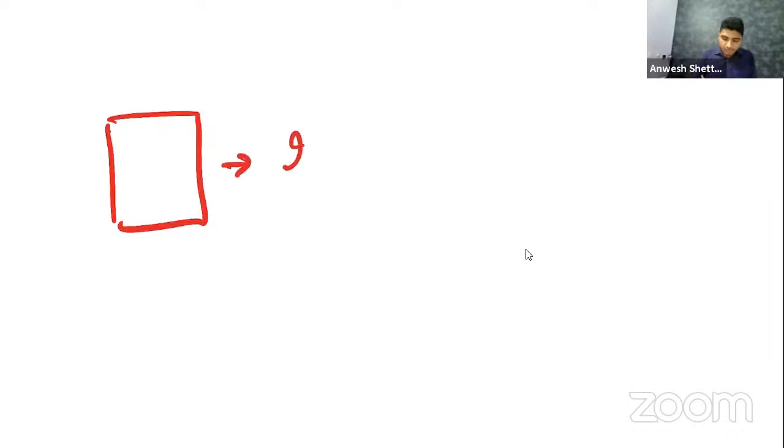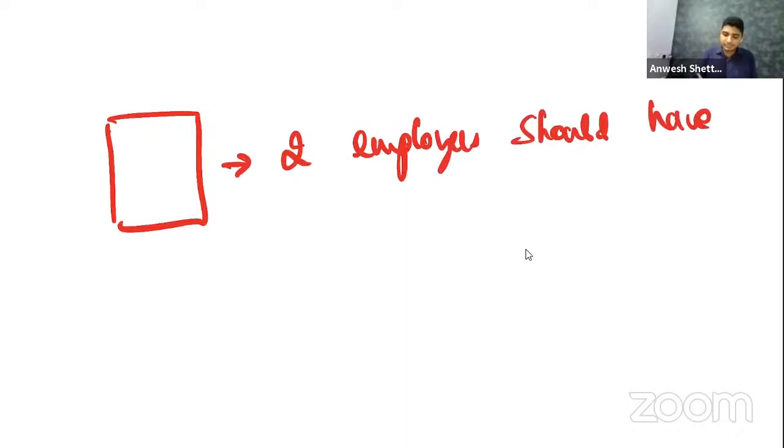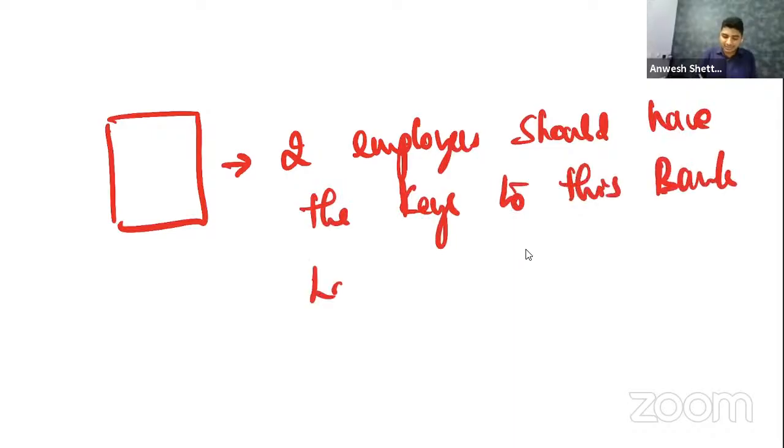The statement goes like this. There is a bank locker in the bank which has, let's say, a huge amount of money. Two employees should have the keys to this bank locker. This locker should not be opened by 1 employee.